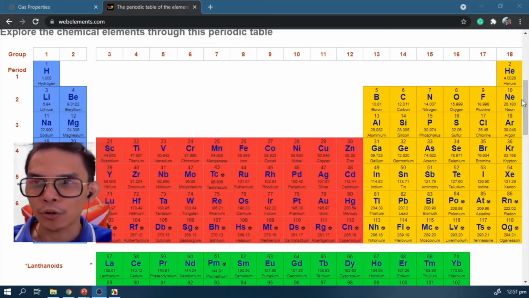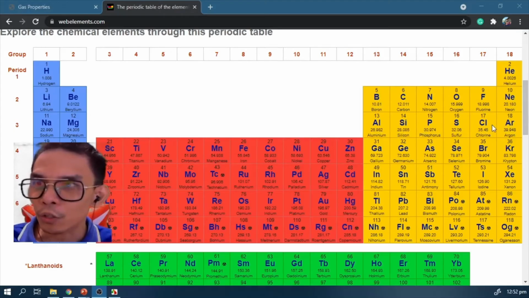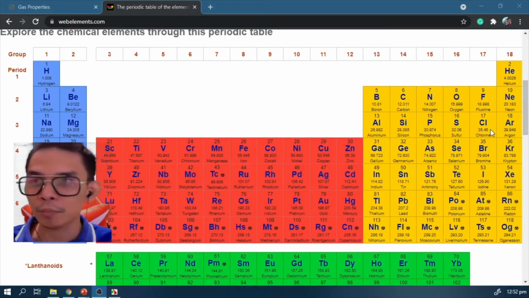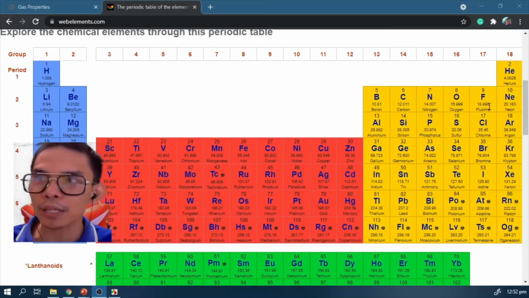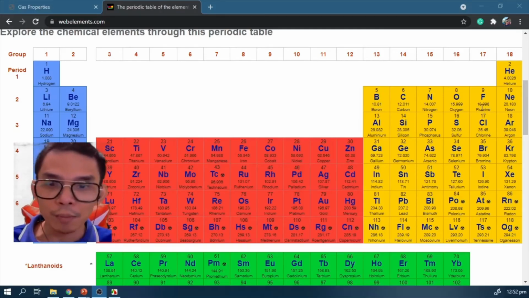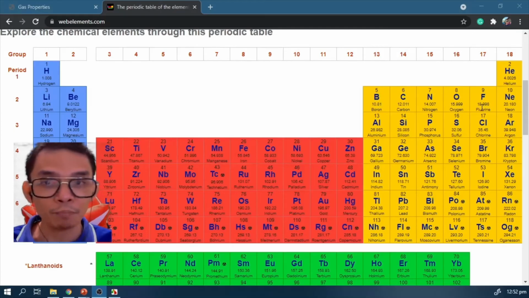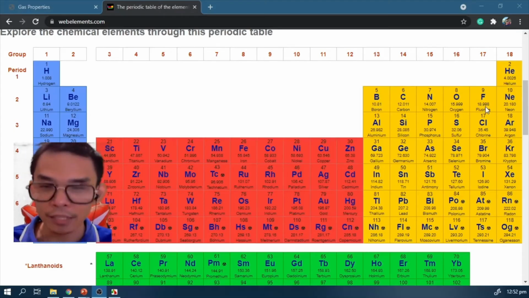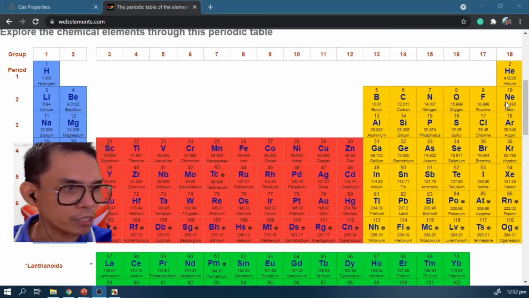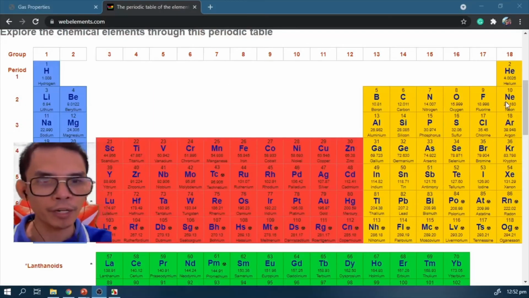It will not be any other element, because chlorine has 35, which is impossible. Fluorine is 19, which is also impossible because 19.9 is our result. The only gas near 19.9 is neon. Let's go back to our solving board.